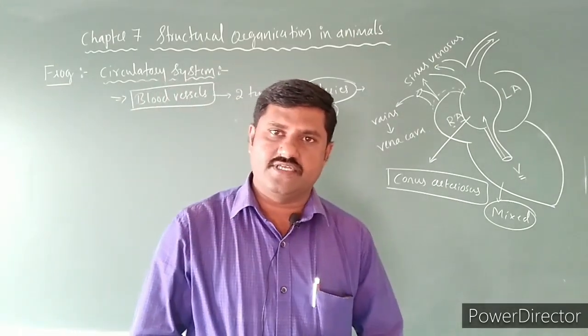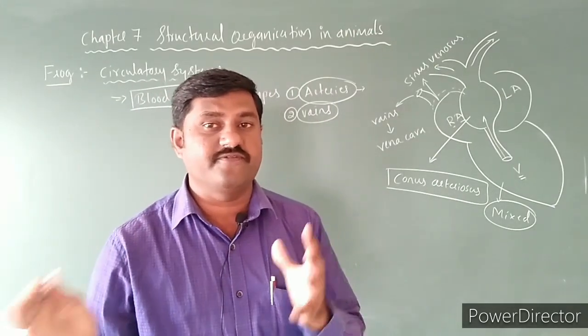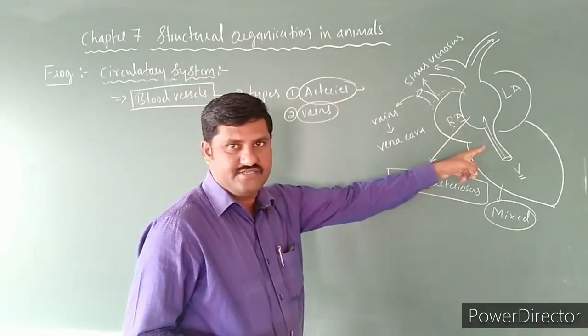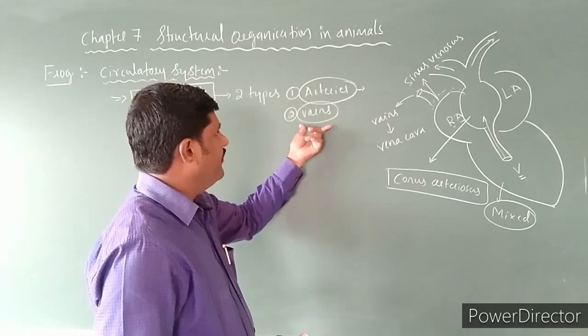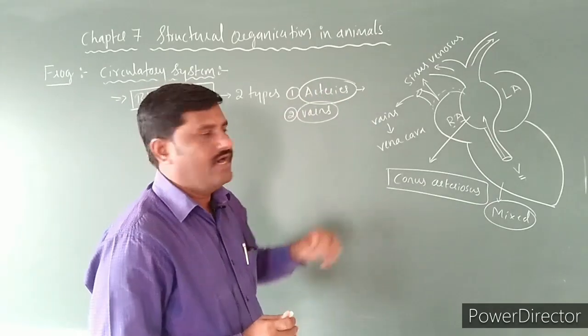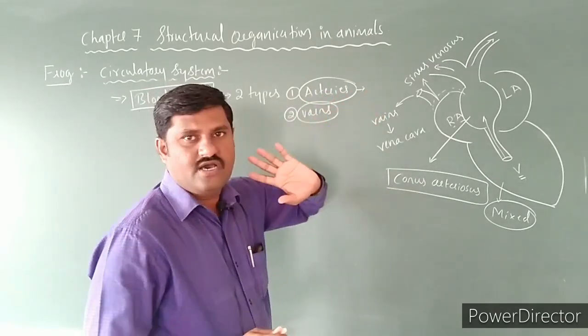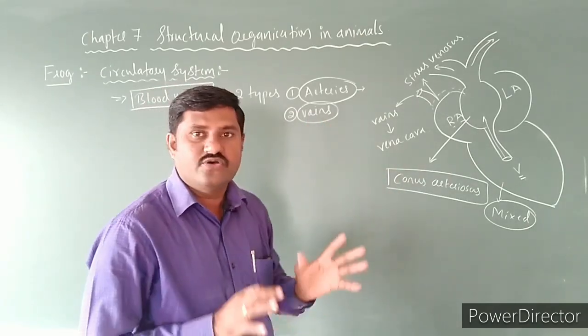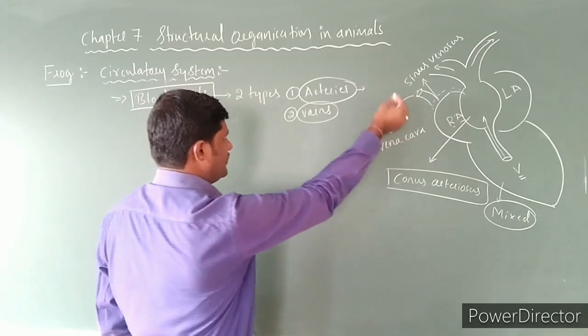Veins are those blood vessels which carry the blood from different parts of the body to the heart itself, right? Arteries together form the arterial system and veins together form the venous system, right?